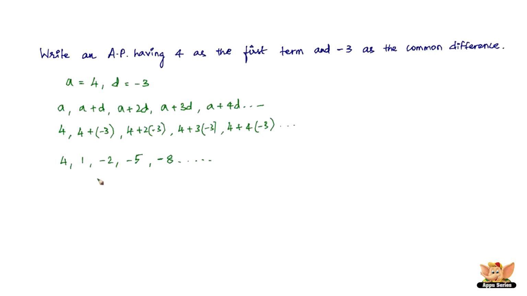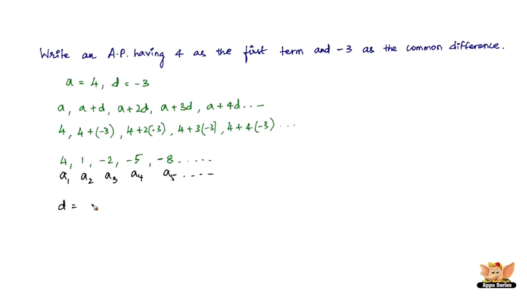So here, if you see, this definitely is an arithmetic progression because the difference between these is negative 3. Say this is A1, this is A2, this is A3, this is A4, this is A5, and so on.